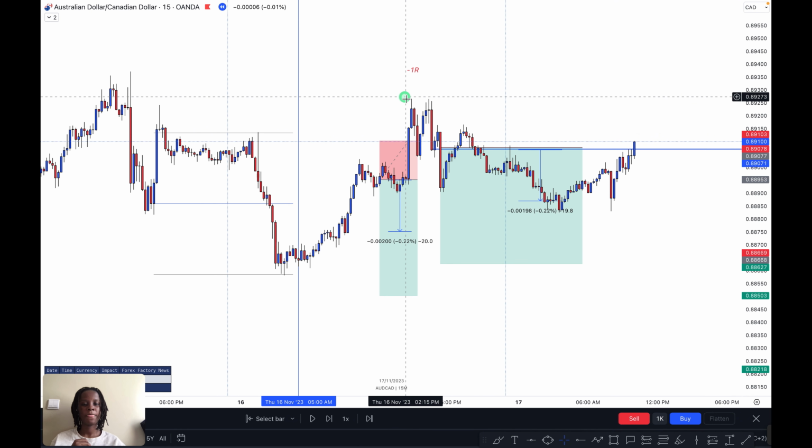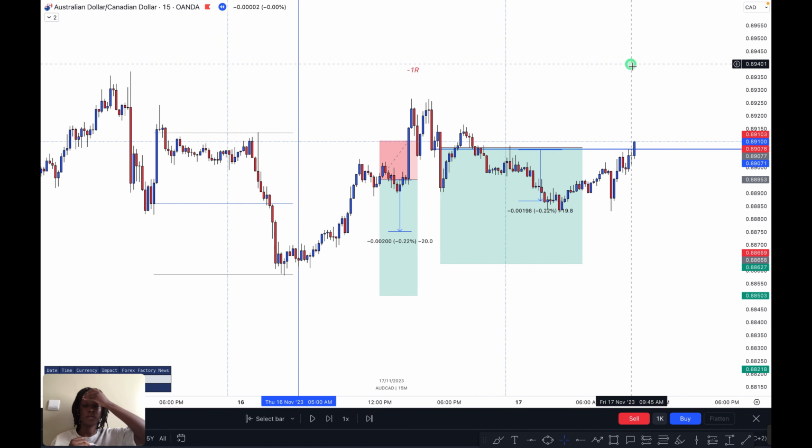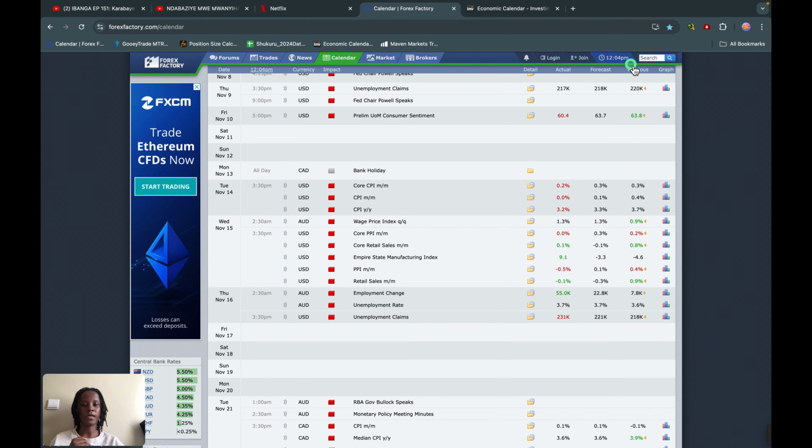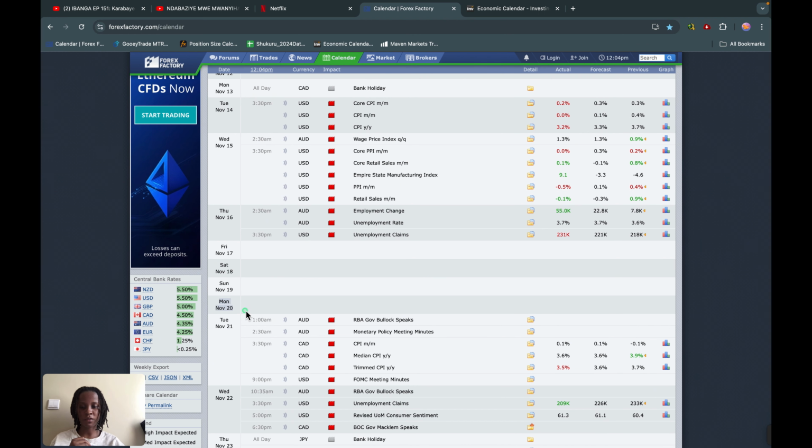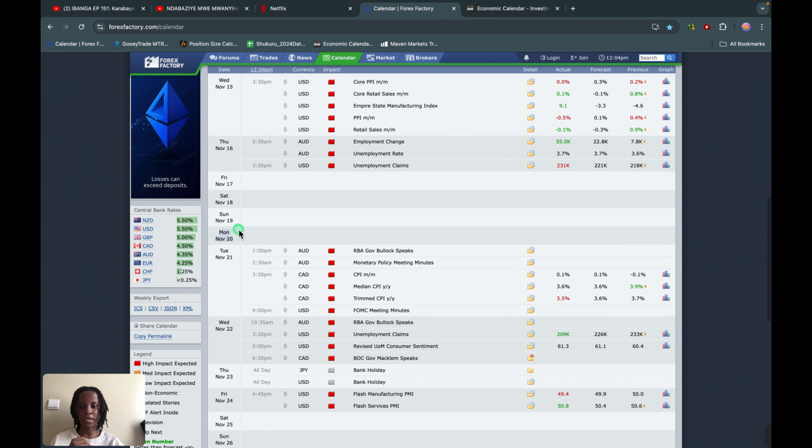So after doing this, we first go to the calendar and see, because this is Friday, 17th November. We are not trading. Let's see if Monday is a day that we'll be trading. We go to the calendar again, 17th here. On Monday, you can see November 20th is a good trading day.